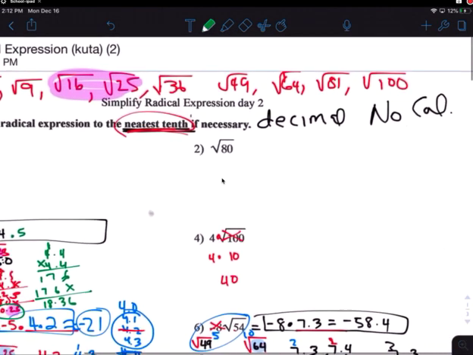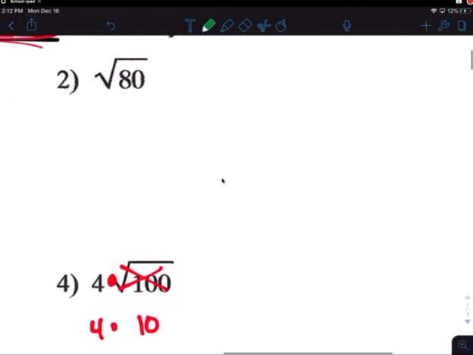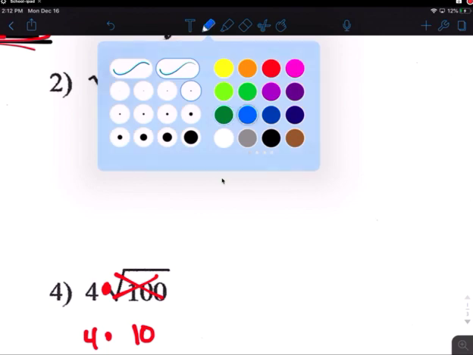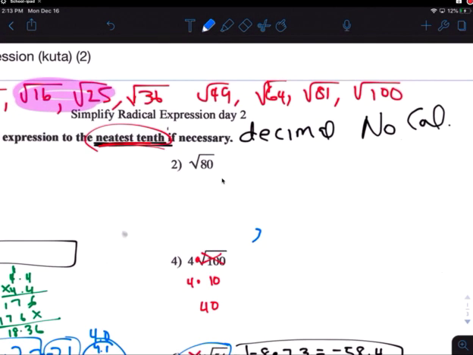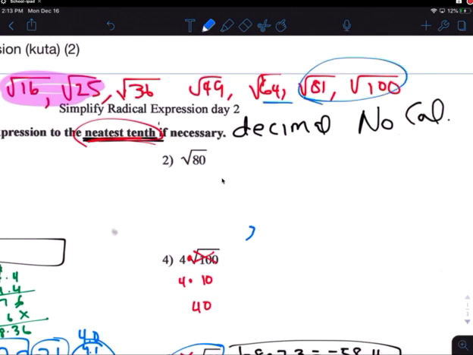Okay, square root of 80 is between 64 and 81.